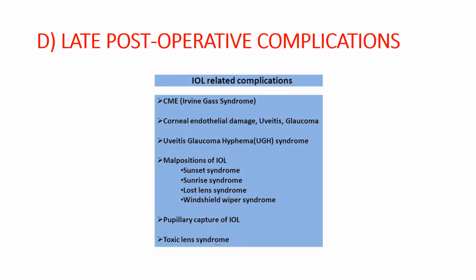I have a picture in which I can show the pupillary capture. And the last one is toxic lens syndrome. Sometimes the lens is made of such material which can elicit uveitis. That needs to be differentiated from endophthalmitis and managed with steroids. So this is toxic lens syndrome.